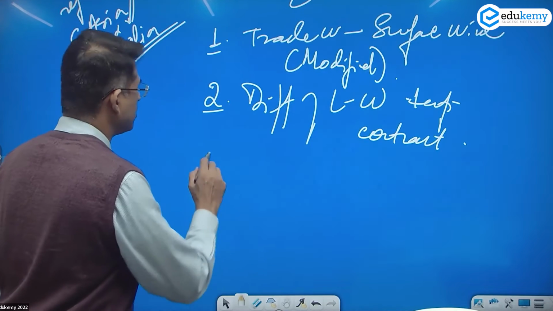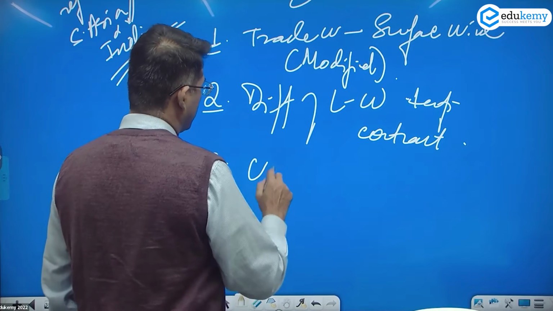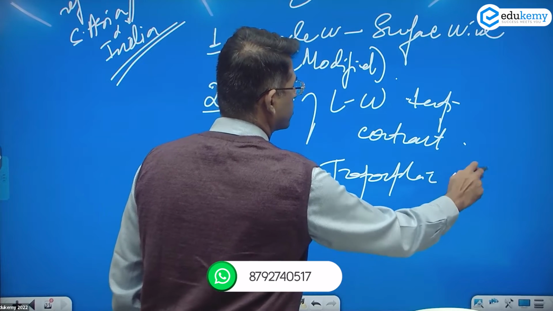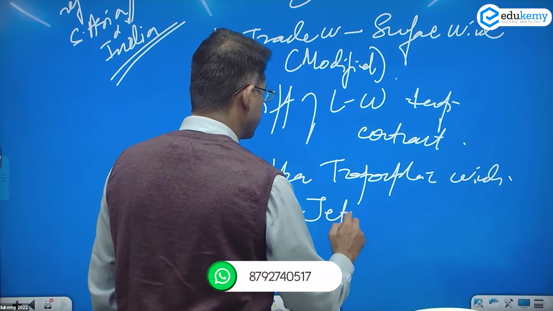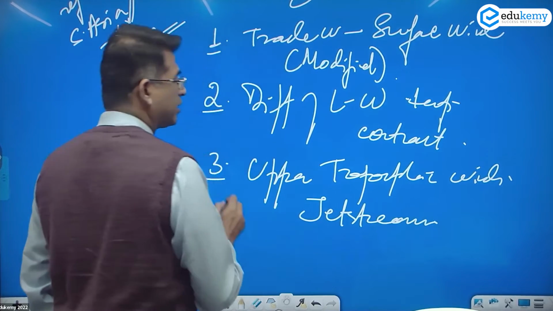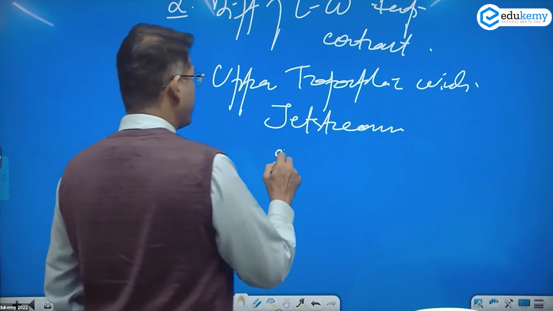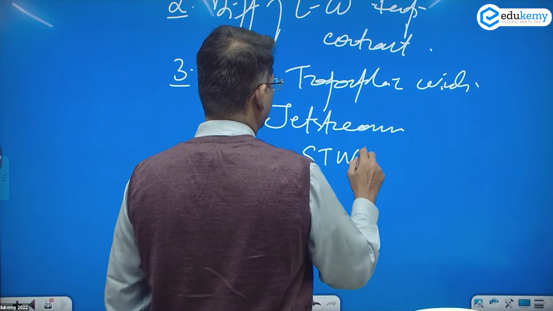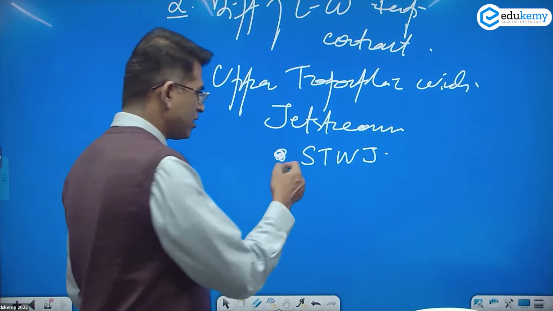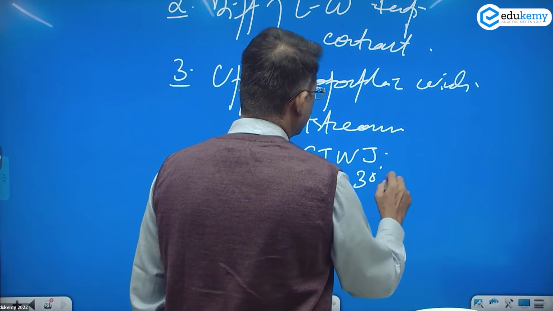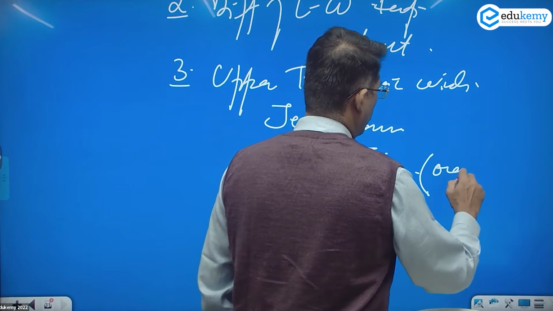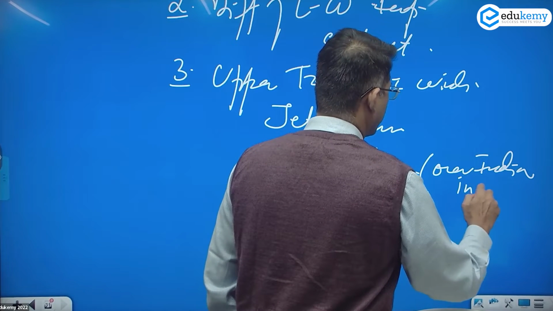The third influence is the upper tropospheric winds. We know about jet streams, and three jet streams play a very important role. The subtropical westerly jet stream is approximately around 30 degrees north, and it is over India in the winters.